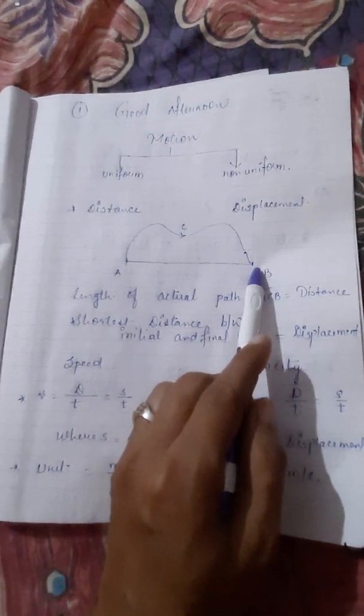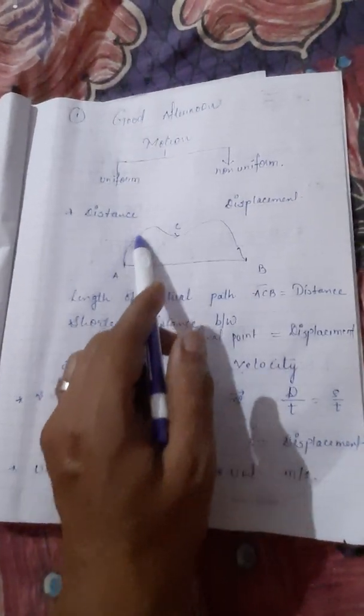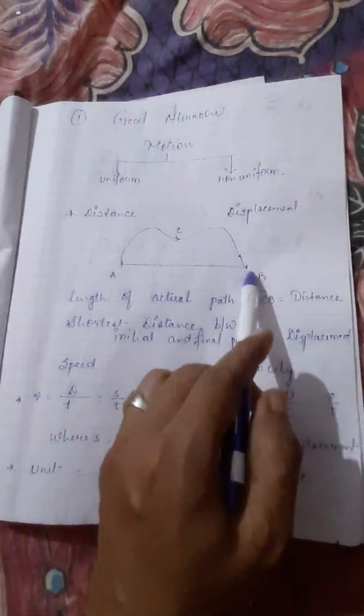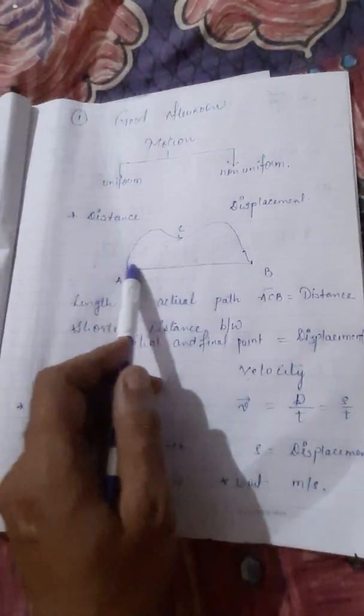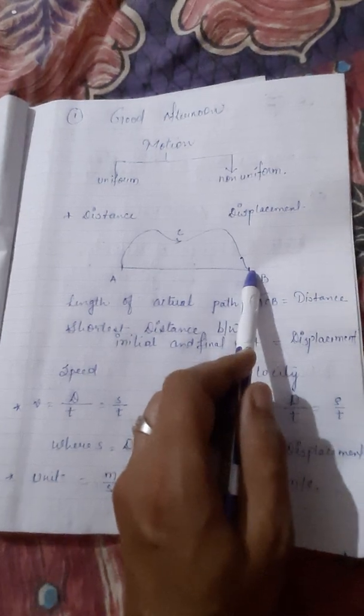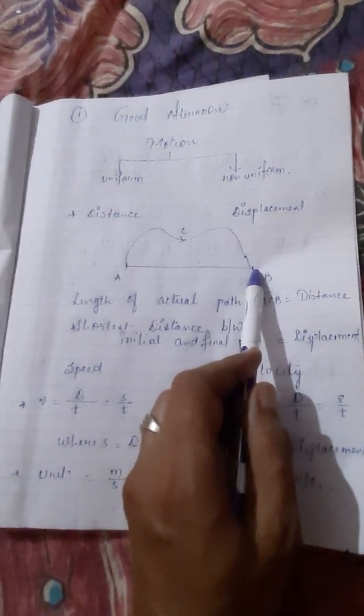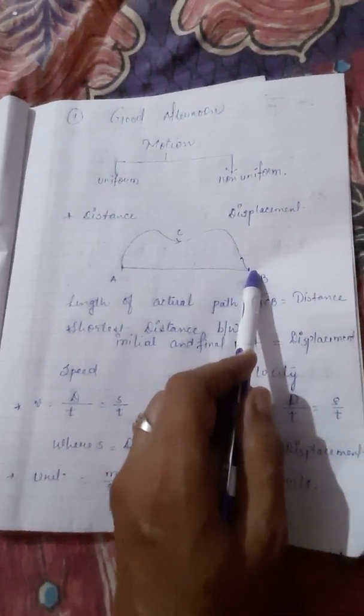So the actual length, that is ACB, would be the distance traveled by the body, whereas the shortest distance, that is A to B, a straight path, will be its displacement.